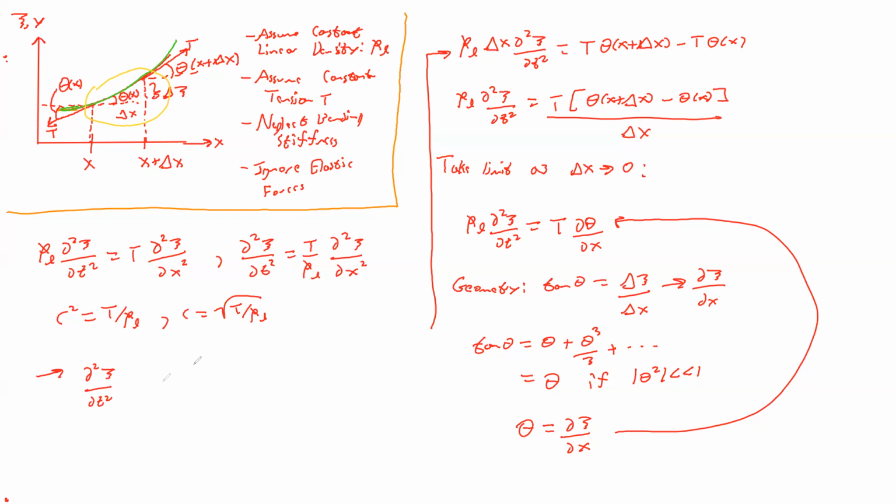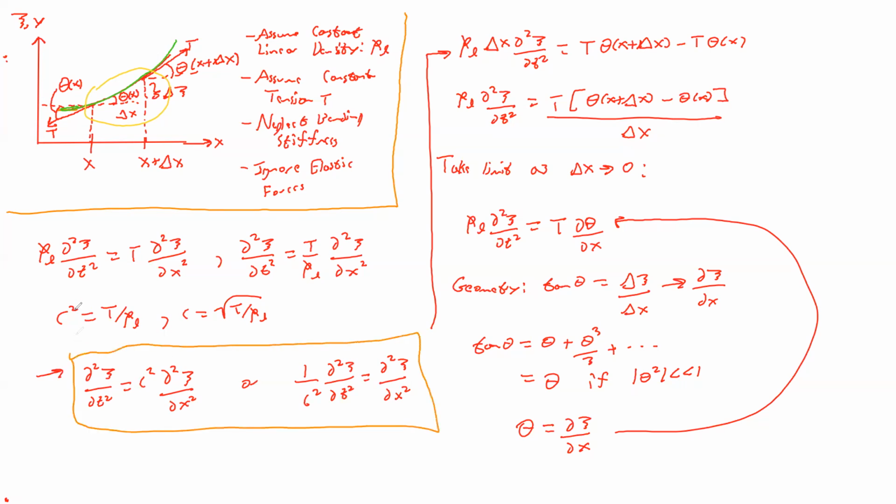Oops, I had dropped a 2 there. Let me fix that. There we go. And so this could either be written in this form or this form. So here is the wave equation for waves on a string, assuming that the deflection of the string is small. Thank you.